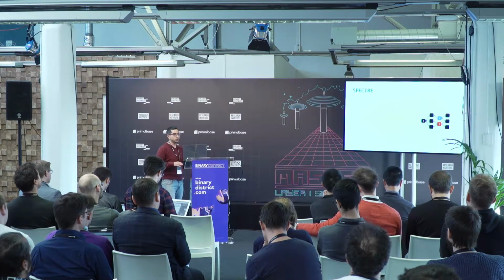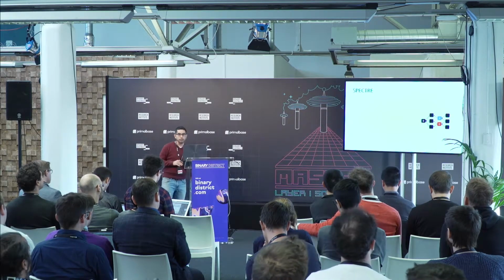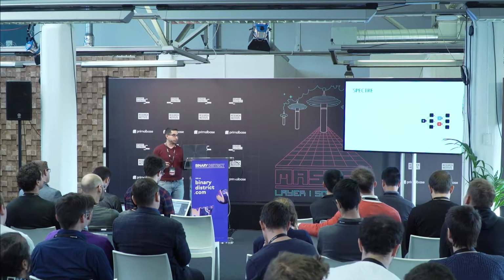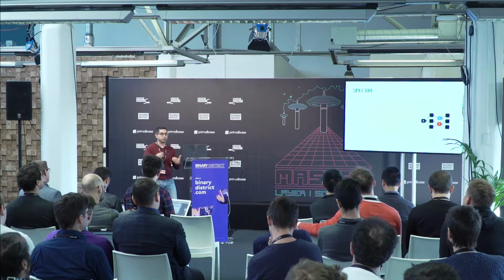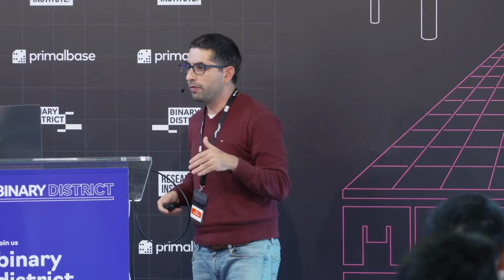Now I want to try to convince you that Spectre is a really nice and interesting protocol, but the naive implementation is not feasible because we have a lot of recursive computation. So bear with me for this simple example. Say that we have this DAG, this is the Genesis block, and we have two blocks B and R, and we want to figure out what is the opinion of this DAG about the order of blocks B and R. We have a few basic rules.